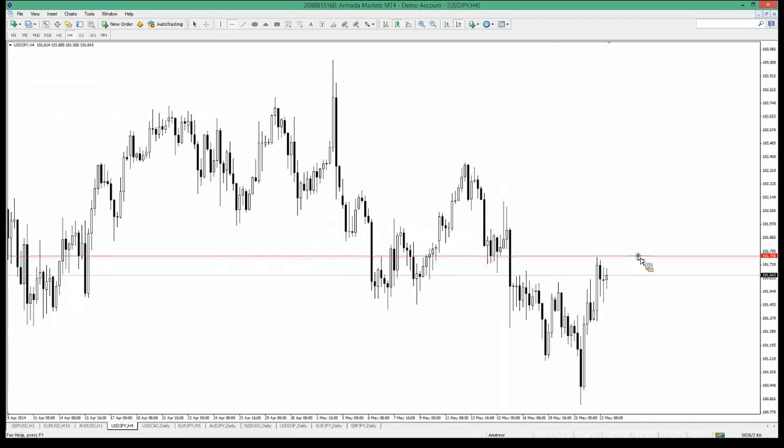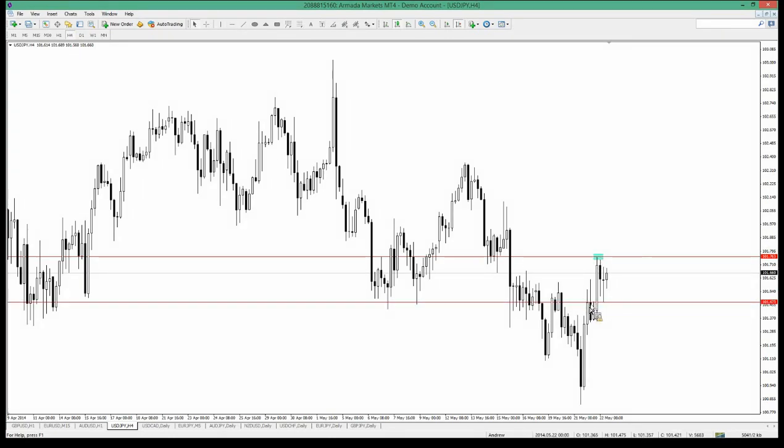So we've got this kind of area in here of resistance, this base in here, consolidation, chop off the wicks there. That could be an area that we'd be looking to sell at, and this area down here, see the range here, this base, chop off the wicks, that could be a level that we want to look to buy at.